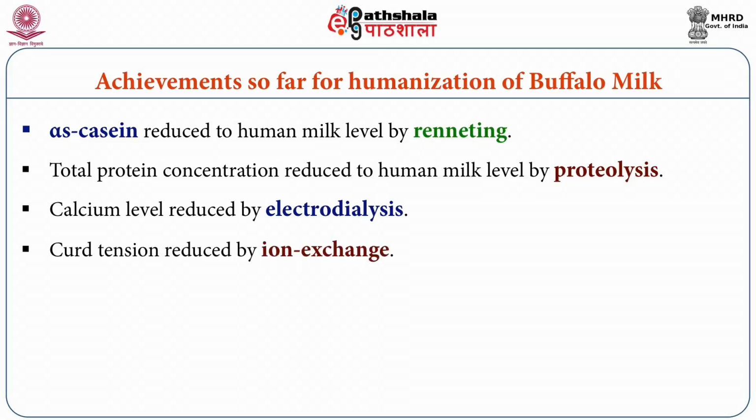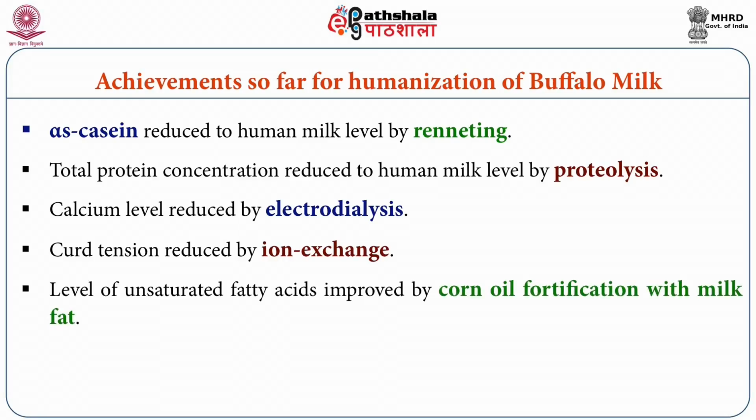Curd tension of cow milk or buffalo milk can also be reduced by ion exchange technology to make the milk easily digestible once ingested in infants. The level of unsaturated fatty acids can be improved by corn oil fortification with milk fat.